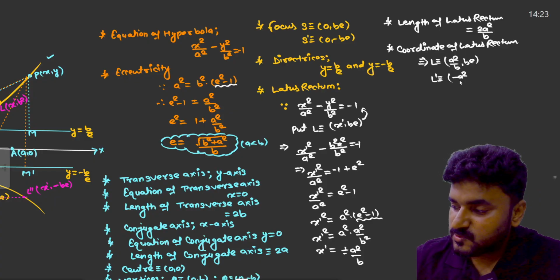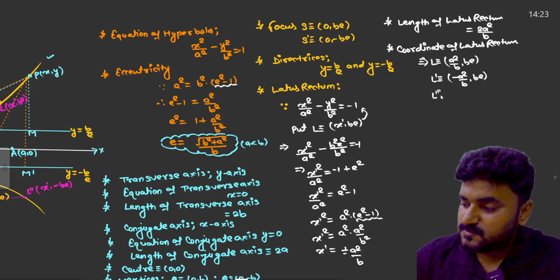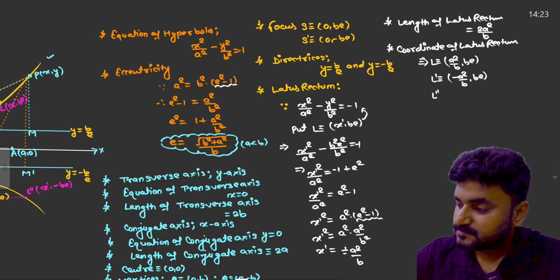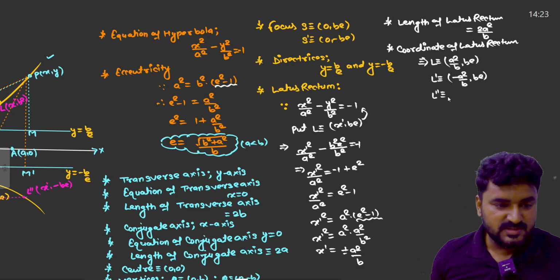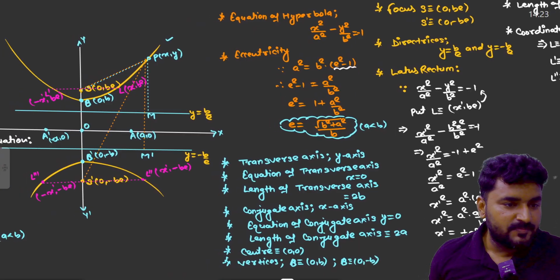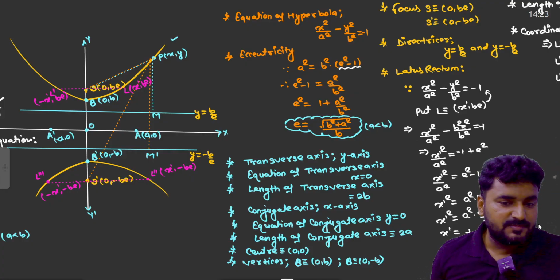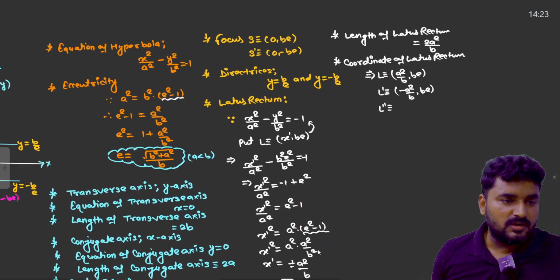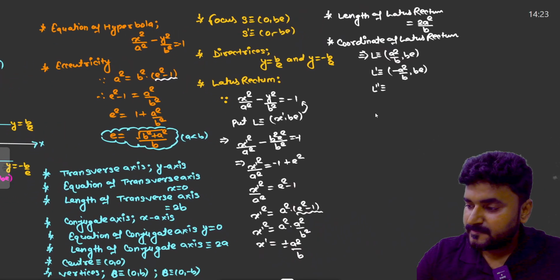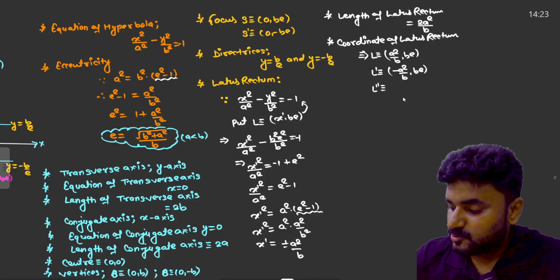Minus a square by b comma b, and L double dash we will write what? You can see that I have taken L double dash in the fourth coordinate, I think. Okay, here is the fourth coordinate, and L triple dash I have taken in the third coordinate. So I can write here L double dash in fourth coordinate.